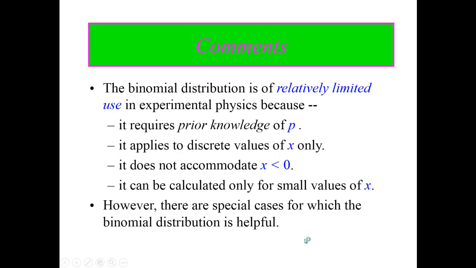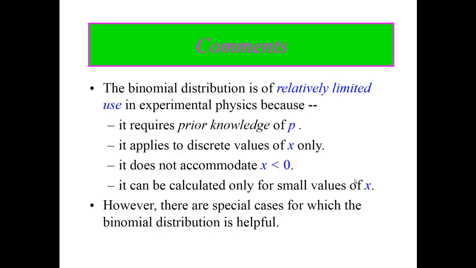Also, it applies only to discrete values of x, does not accommodate negative values of x, and it can be only calculated for small values of x, because if you go back and look at the form of the binomial distribution function, you'll see that you've got these factorial terms, and it's pretty difficult to calculate factorials when you have large numbers.